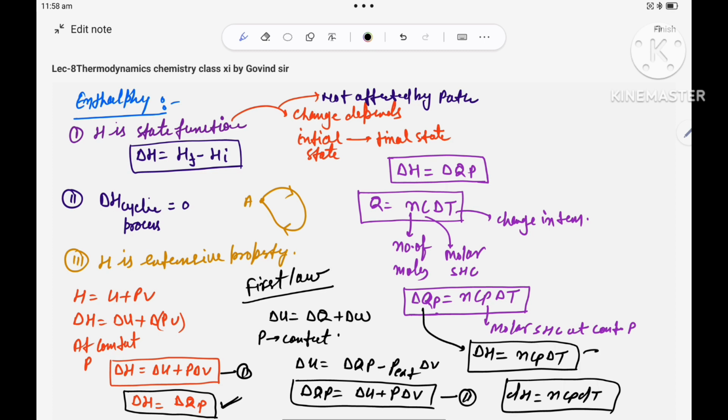So this relation is important, children, for delta H, that you have to remember. So again, question practice.